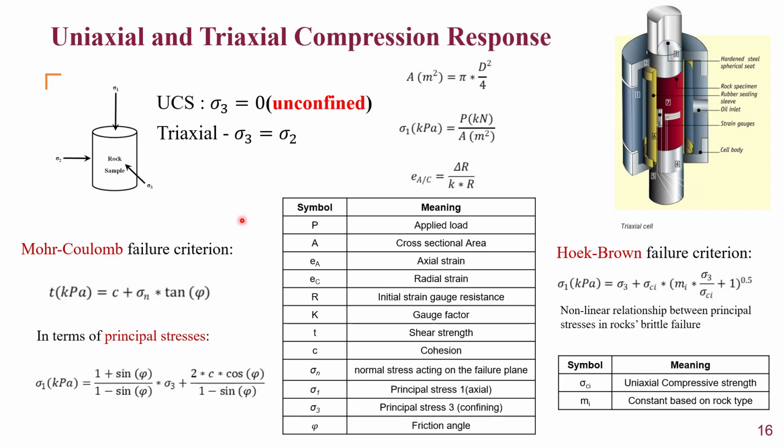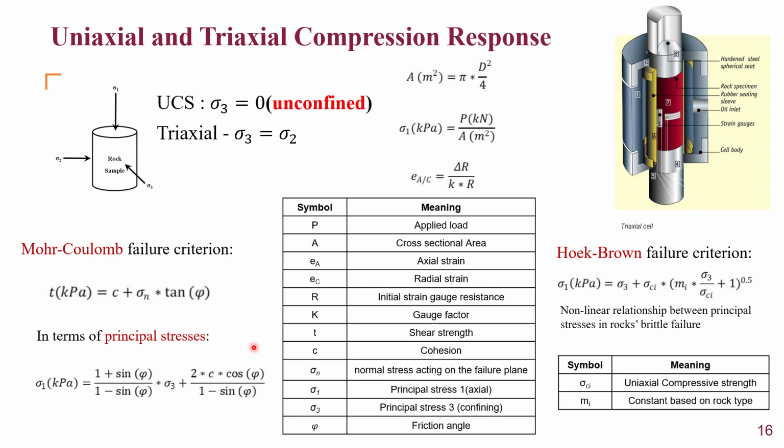So, in the Mohr-Coulomb failure criterion, the shear stress, that's tau, is equal to the cohesion plus the normal stress times tan of phi, where phi is the friction angle. But in terms of principal stresses, the Mohr-Coulomb failure criterion can be represented as this formula here.